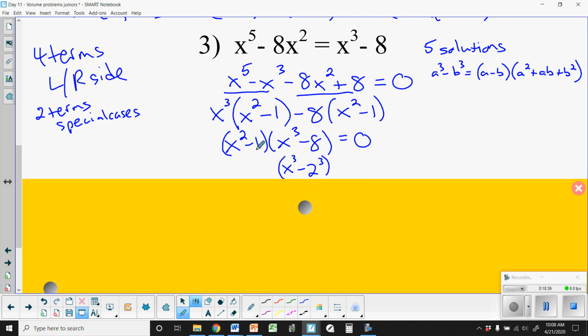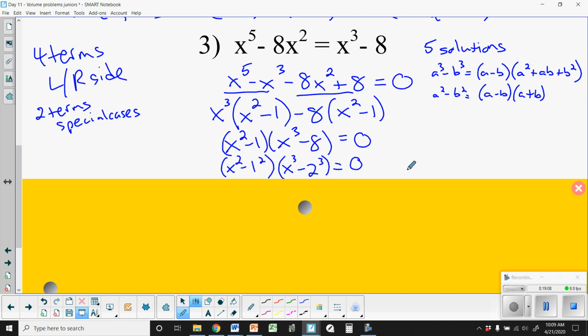And then what about this other one? Does this simplify? I see a perfect square, is 1 a perfect square? That's right, it is. So it's really going to be a squared minus b squared. And that, remember, is a minus b and a plus b. So it's really x squared minus 1 squared. Oops, almost forgot the 2 there. Equals 0.